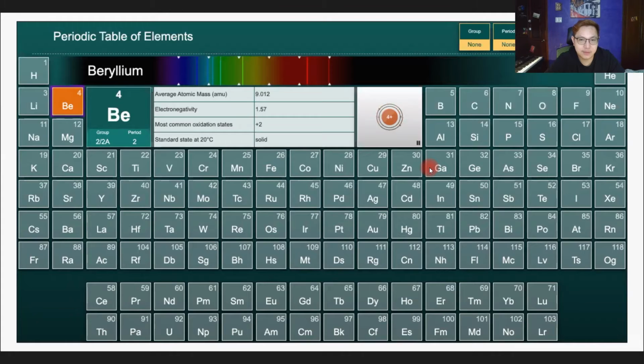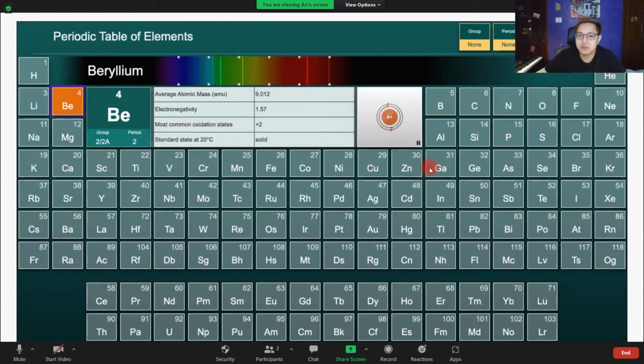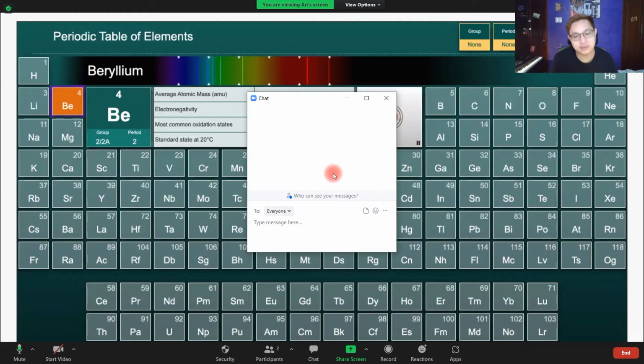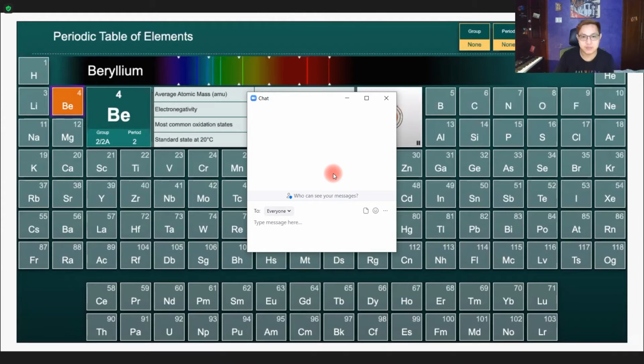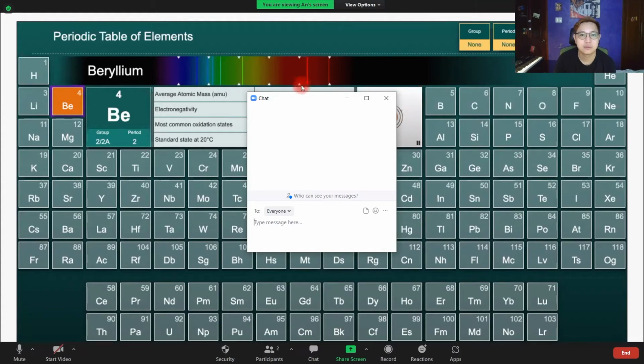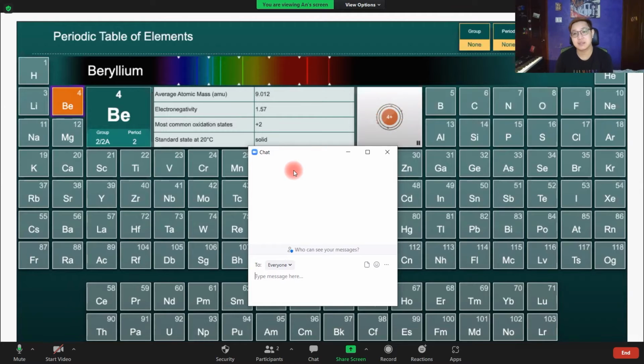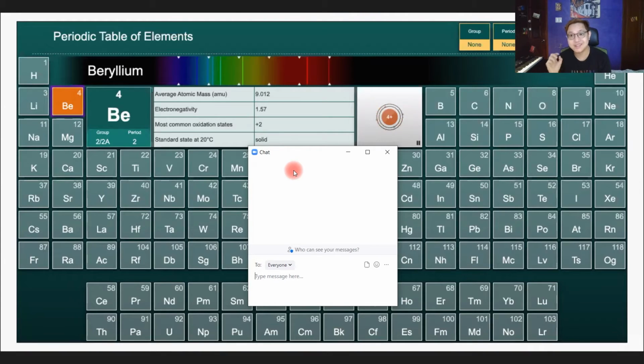Wait, weird. Okay, beryllium. So what you need to know now is that most of the time they follow this pattern. You know about their atomic number and atomic mass, right? Atomic mass includes everything inside the atom, like the protons and the neutrons.